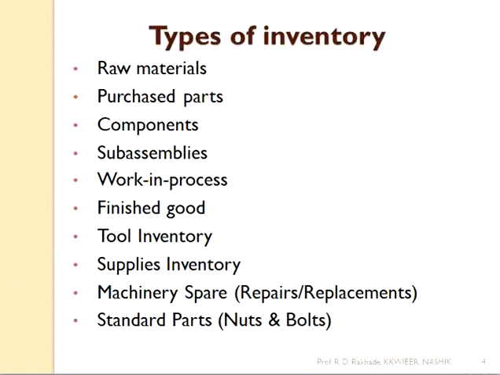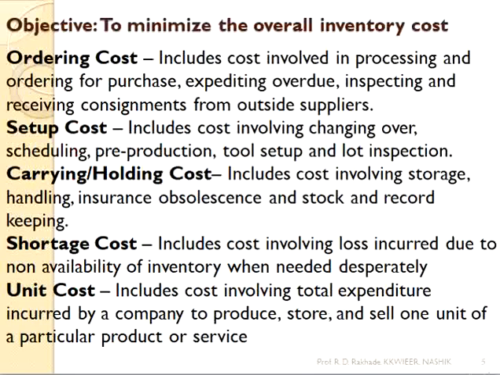So these are the various types of inventory we consider, and an organization needs to maintain this stock in an economical way. Economical way means considering the overall cost as well as the quantity.